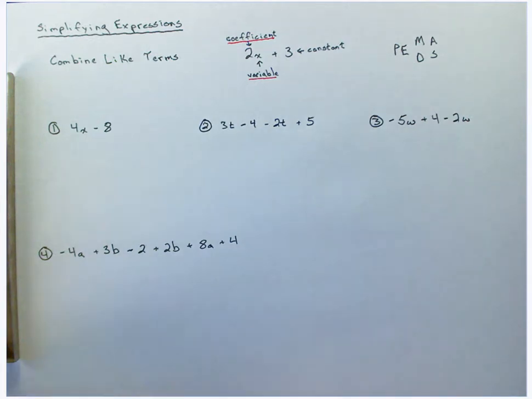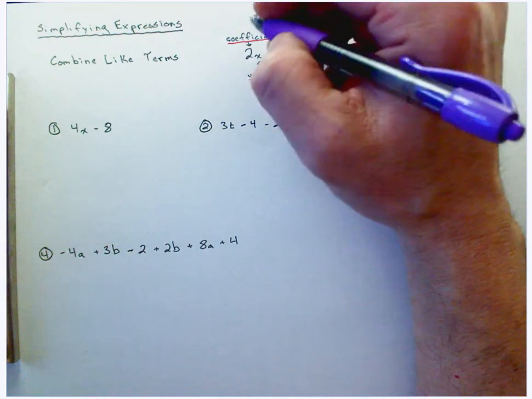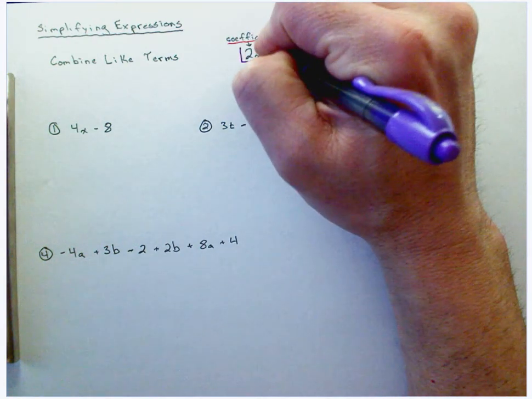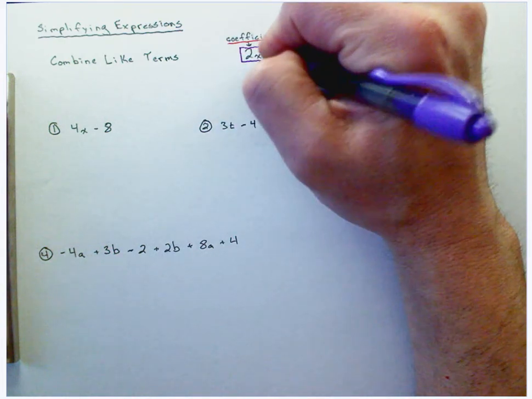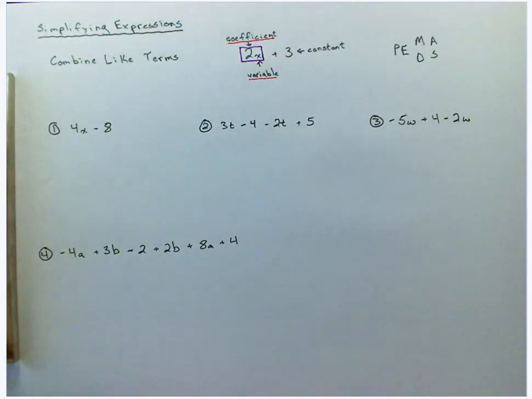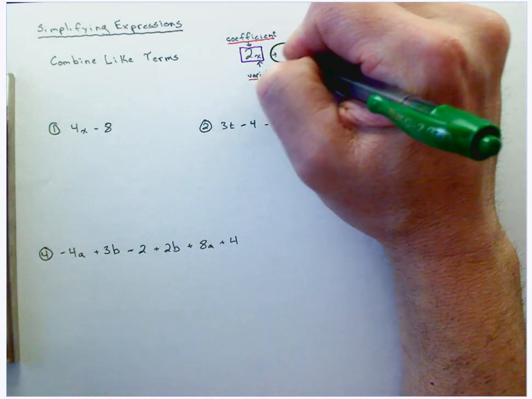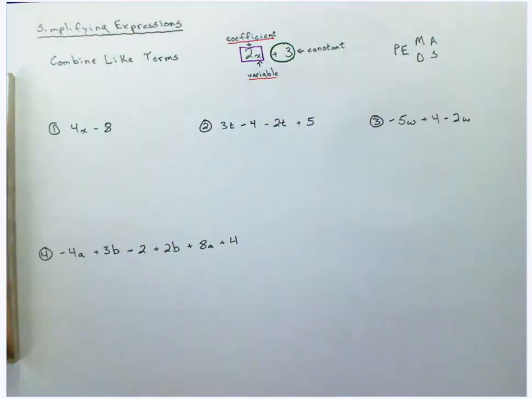And whenever we look at these, it's important to be able to isolate all the coefficients with their corresponding variable, because I can have different variables in a problem, and all the constants. Remember to include the sign in front of your term. It goes with the term whenever you have to move it.